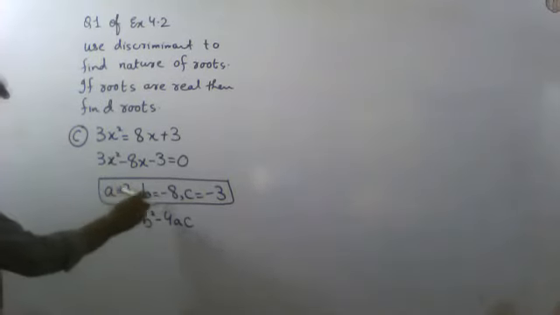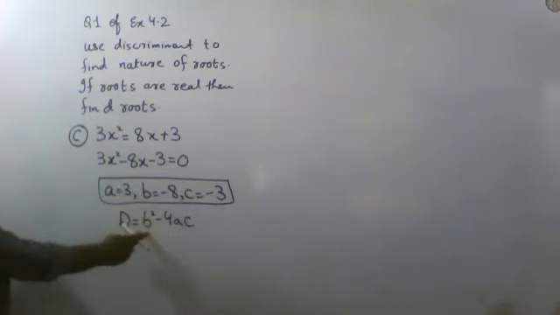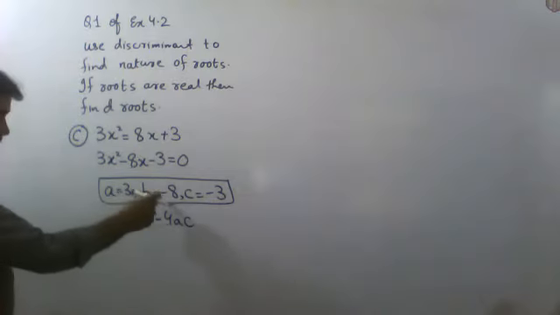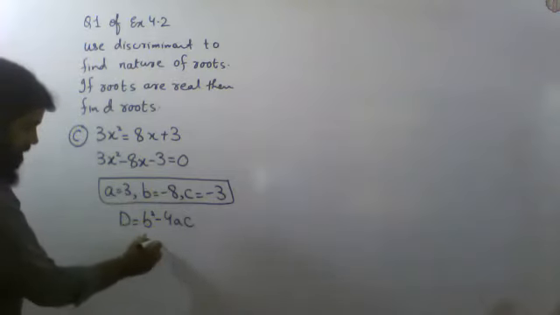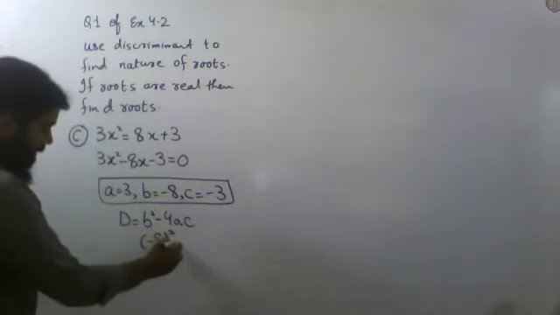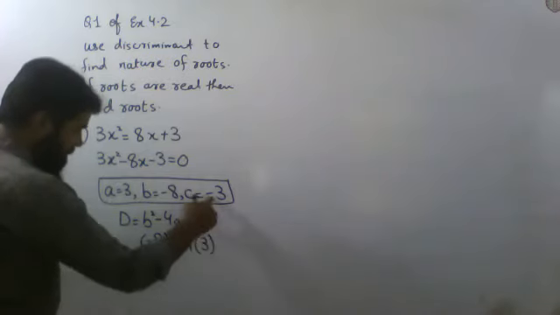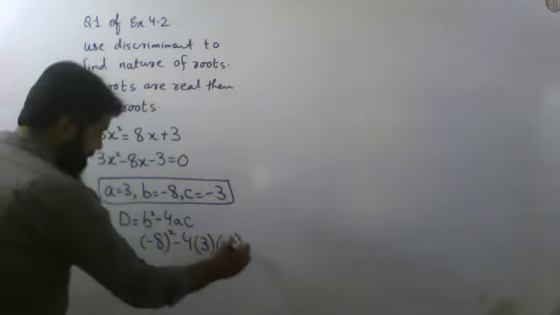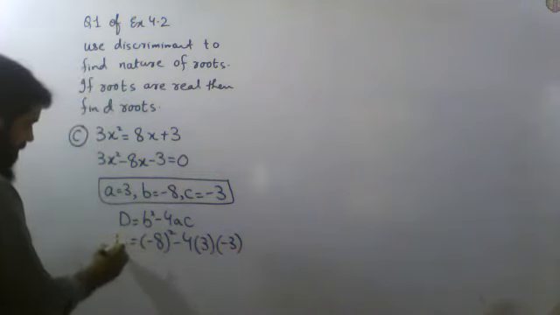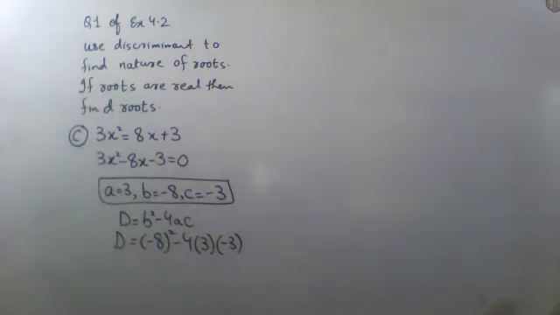I have got value of a, value of b, value of c. I am going to plot it over here. So value of b is minus 8, whole square, minus 4, value of a is 3, value of c is minus 3, equals to discriminant.